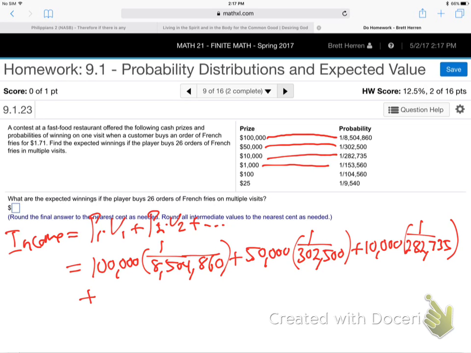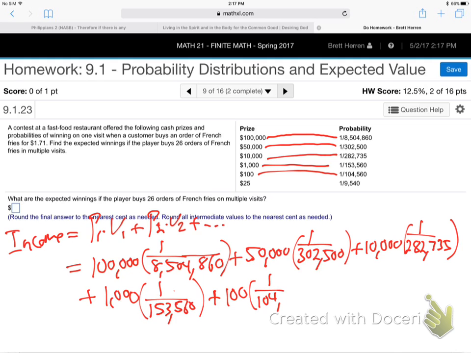Plus 1,000 times 1 over 153,560 plus 100 times 1 over 104,560 plus 25, 1 over 9,540.